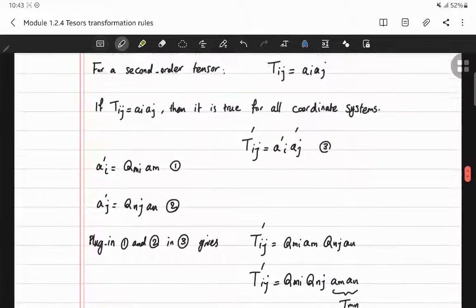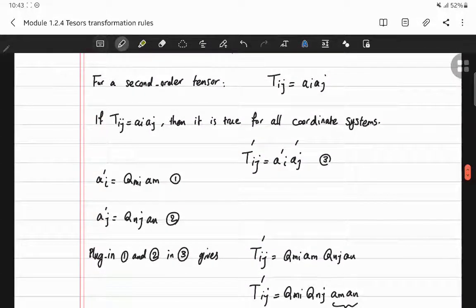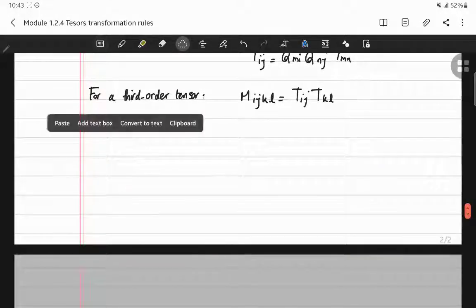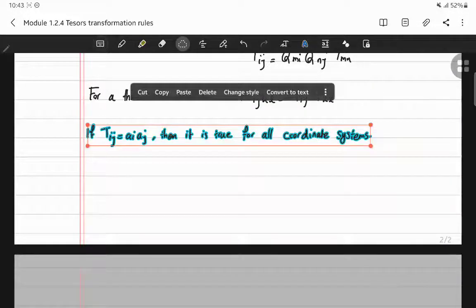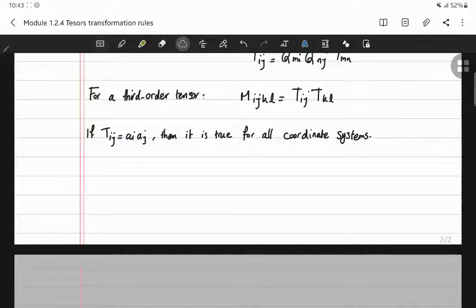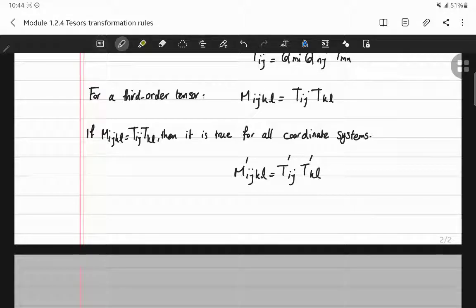So if M_ijkl is equal to T_ij T_kl, then it is true for all coordinate systems. Then M prime ijkl is equal to T prime ij T prime kl, right?